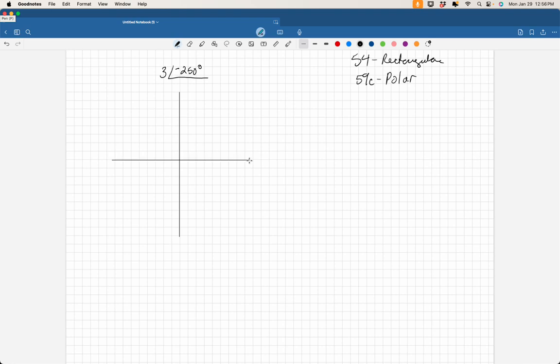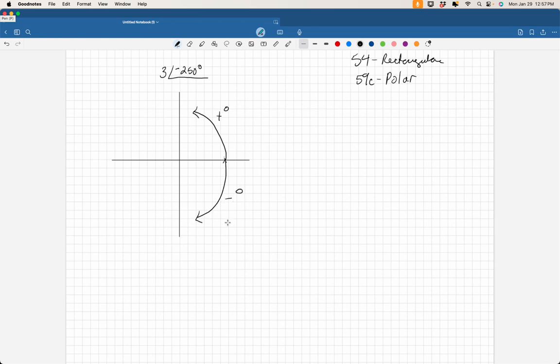A positive degree is when we start measuring from here and go around just like normal, going to the positive side of the y-axis. That would be going toward the positive degree. But when you have a negative degree, it's because you started going toward the negative side first.